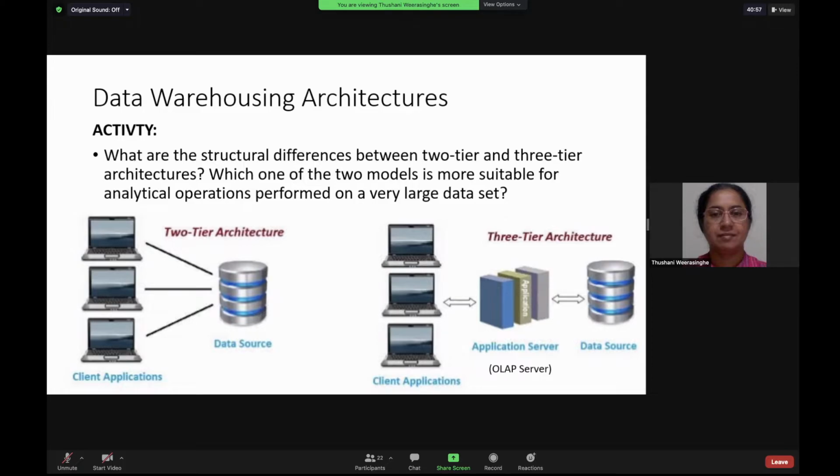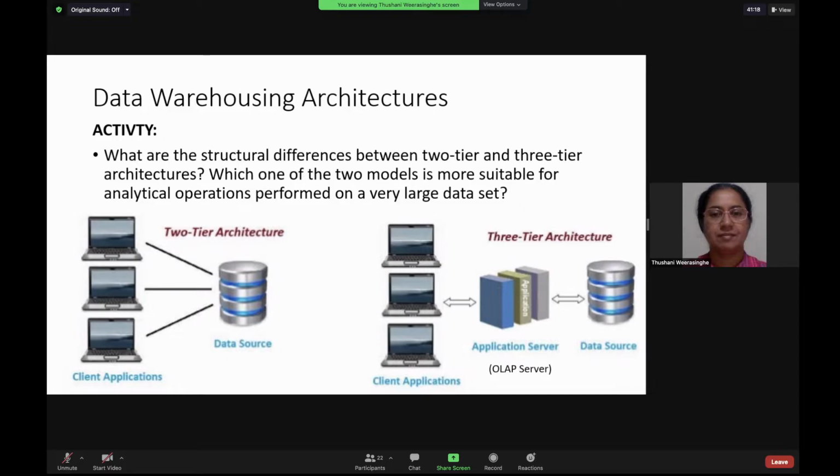So this middle layer is about application servers. That means all the online analytical processing servers are placed in the middle layer for the data warehousing.